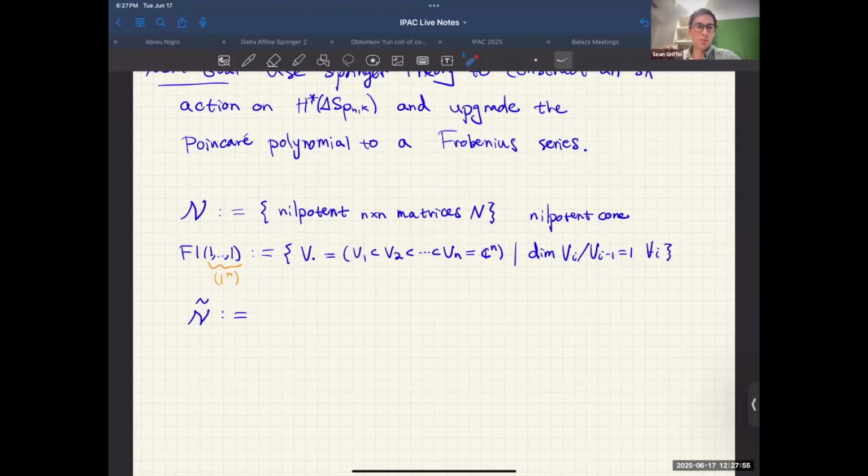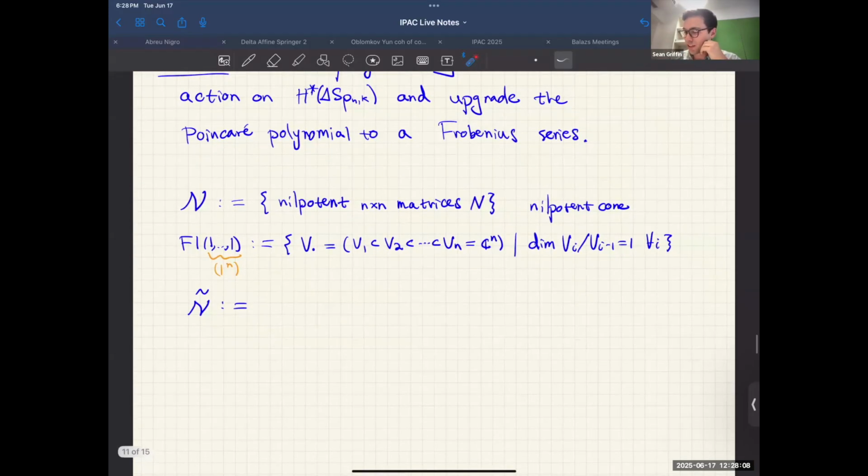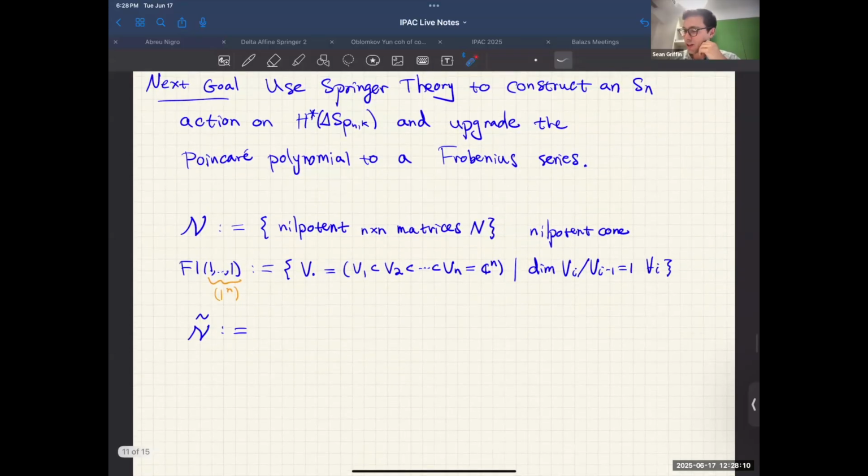One way to say it is like when you raise the matrix to the nth power, you get the zero matrix. But really you have to take the radical of those generators. And it turns out to be singular, and it has a direct connection to the flag variety.